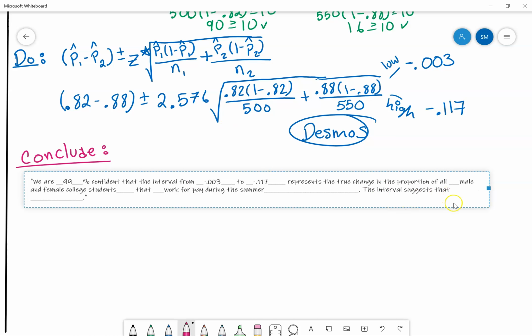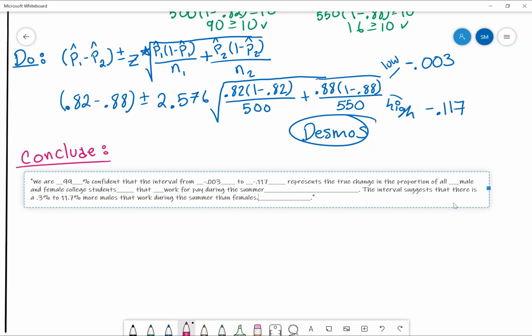The interval suggests that there is a 0.3% to 11.7% difference between 0.3% and 11.7% more males that work during the summer than females.